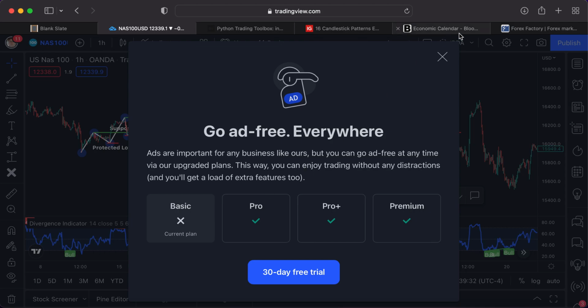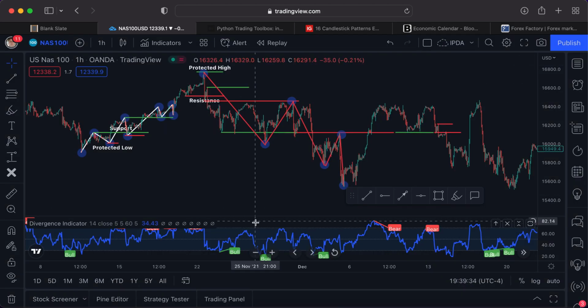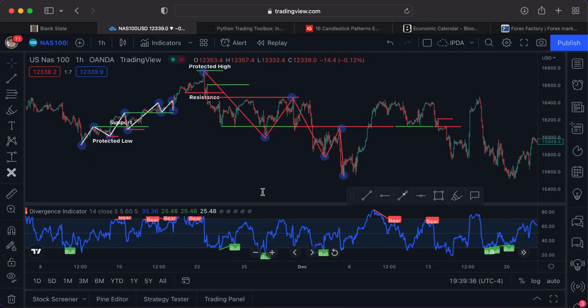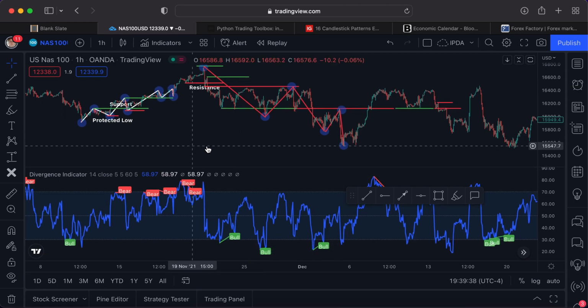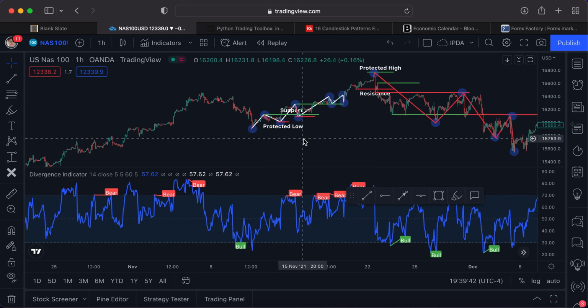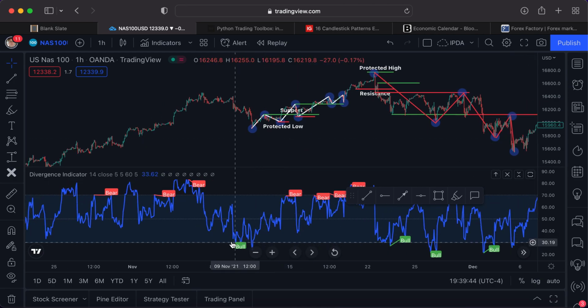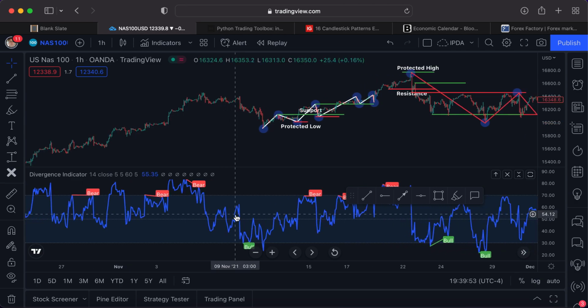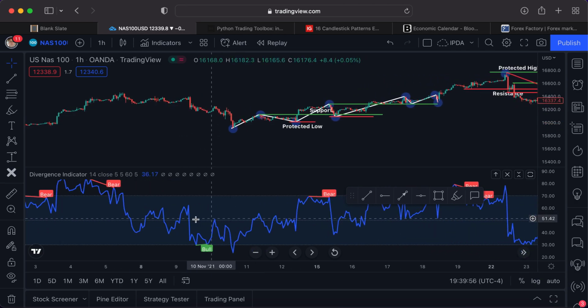So we can see that this indicator chart here gives us an indication, right? We see that there is a divergence that took place here, and so it's calling a bull market, let's see here, the first tap here.